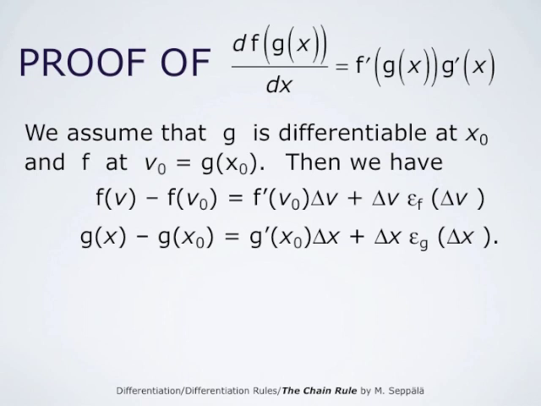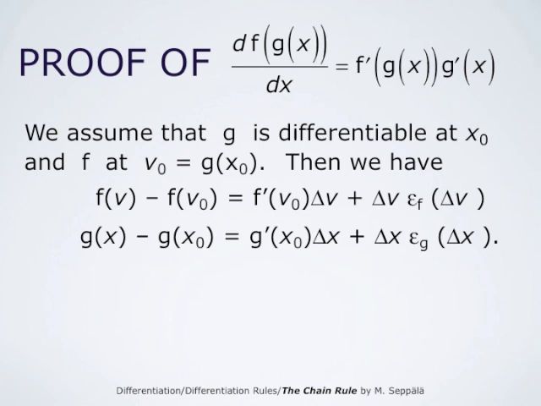Likewise, for g we have g of x minus g of x0 equals g prime at x0 times delta of x plus delta of x times epsilon g delta of x. These functions epsilon f and epsilon g appearing here have the property that their limit is 0 as their argument approaches 0.